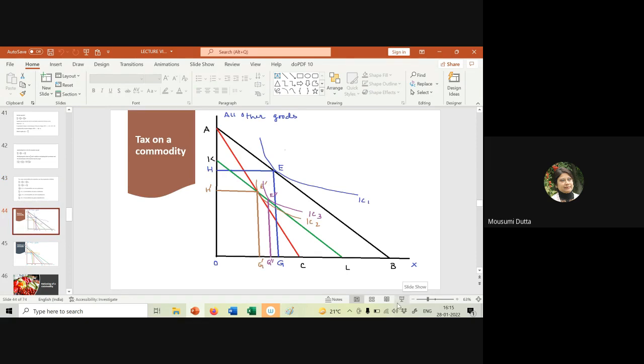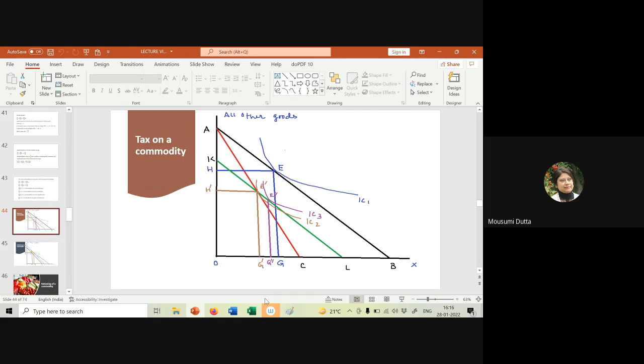Okay, so first give the heading Applications. Now we are going to discuss some real life applications where we need the discussion based on substitution effect and income effect of relative price change. And then give the first topic we are going to discuss, that is tax on a commodity. So under the application heading, the number one subheading is tax on a commodity.